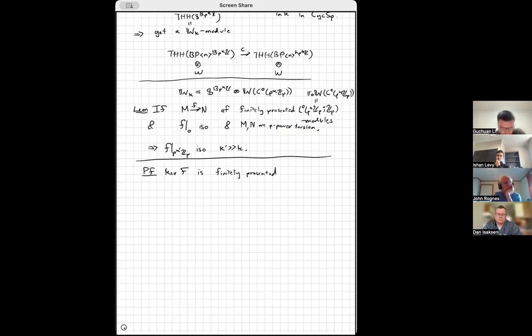And you also know that the kernel of f restricted to 0 is 0 because this map was an isomorphism at 0. And so, well, there are finitely many generators. So let's choose our generators x1 to xn.